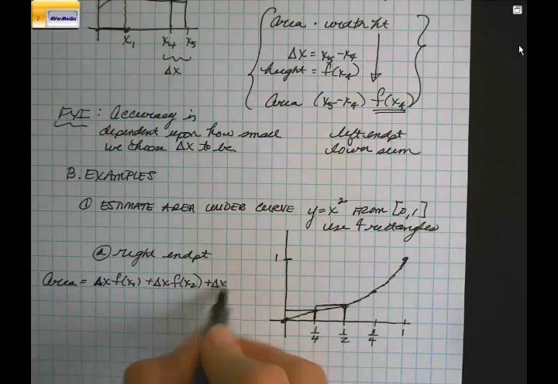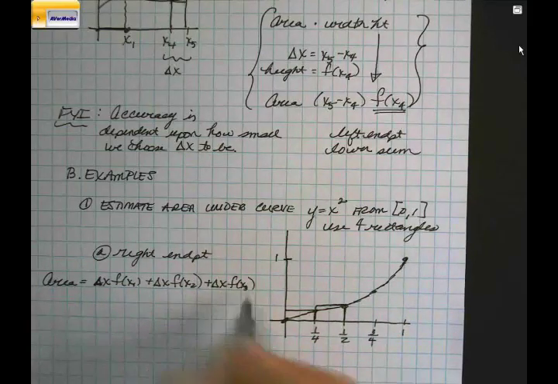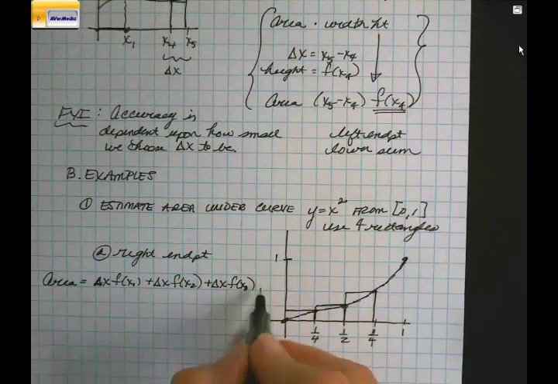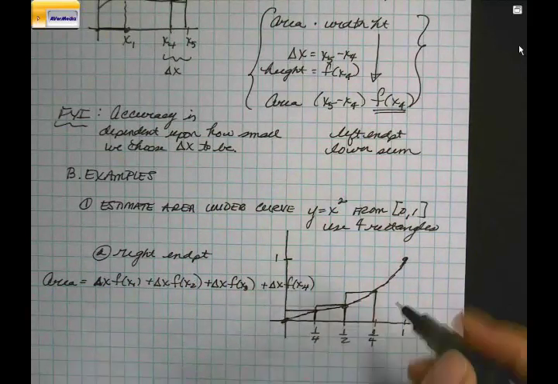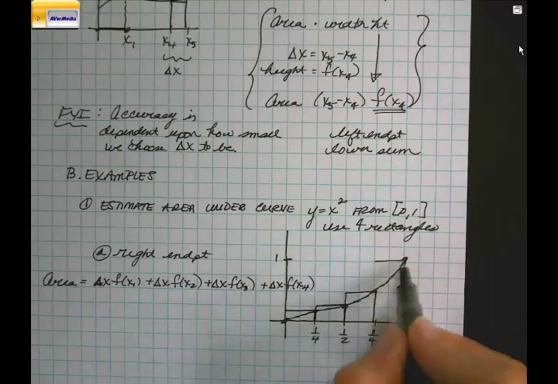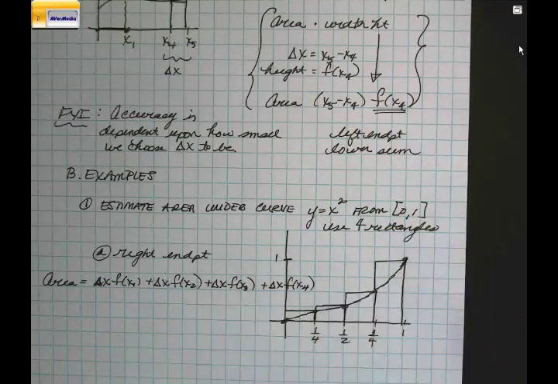Your third rectangle will be delta x times f of x sub 3, which is at 3/4 right here. And your last one, which I'm running out of room, is delta x times f of x sub 4, right here. There's your 4 rectangles based on using the right endpoint of the interval to give you the height. So you know right now we're going to be way overestimating this. It's going to be overkill on the area under the curve because we're going above the curve. So this is considered the upper sum.